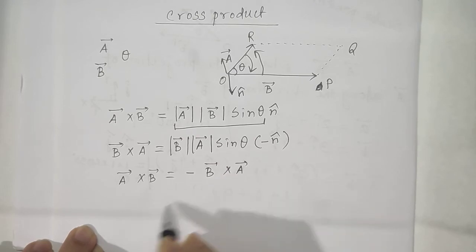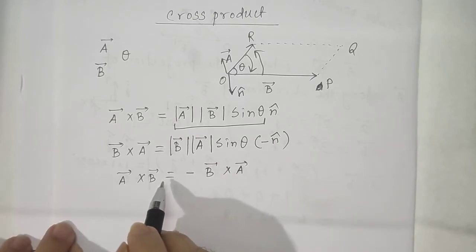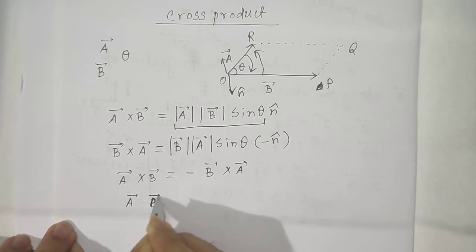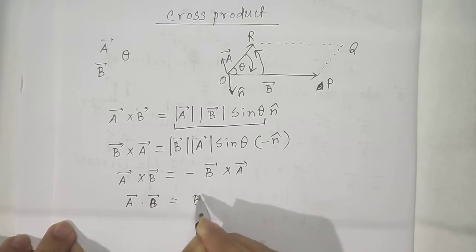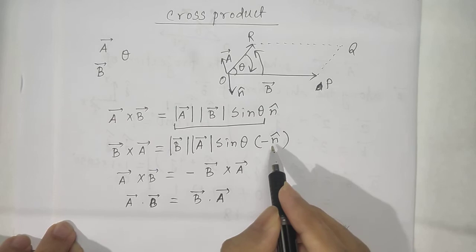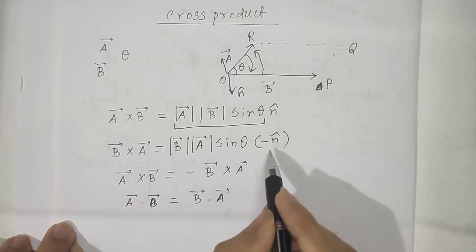But in the dot product, A dot B equals B dot A, because we didn't have an n cap or this kind of thing, right?